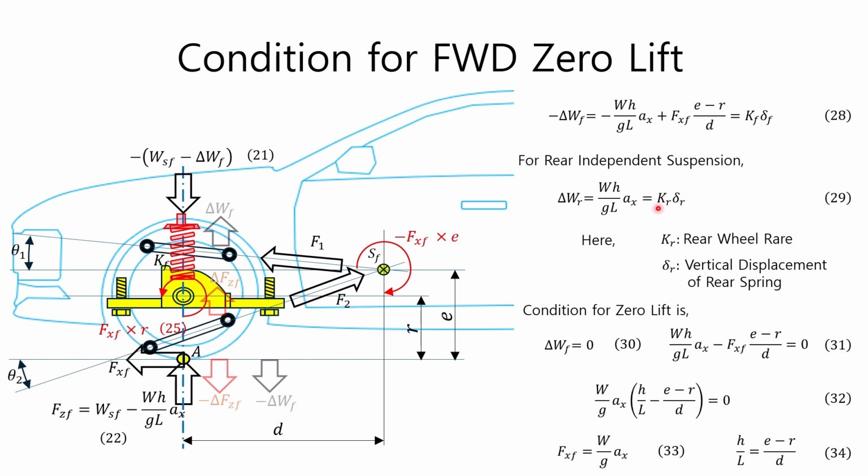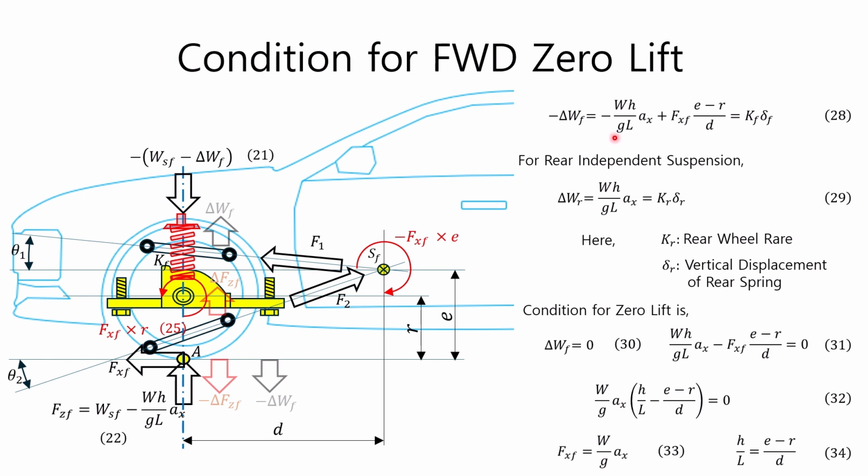In equation 29, Kr represents the rear wheel rate, and delta R represents the vertical spring displacement relative to the rear wheel center. First, let us examine the conditions under which lift becomes zero in a front-wheel drive vehicle with independent suspension. From equation 28, we can derive the geometric conditions of the suspension, where lift becomes zero.